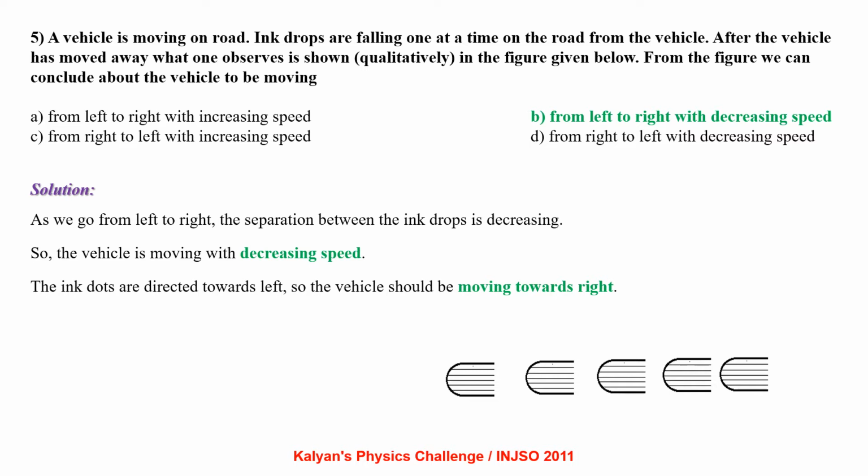From the figure we can conclude that the vehicle is moving from left to right with increasing speed, from left to right with decreasing speed, from right to left with increasing speed, or from right to left with decreasing speed. As we go from left to right, the separation between the ink drops is decreasing, so the vehicle is moving with decreasing speed. The ink dots are directed towards left, so the vehicle should be moving towards right. So the correct option is B.